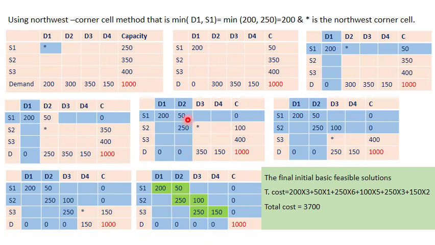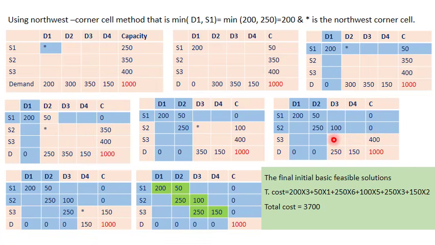The next northwest corner is this one, with corresponding values 350 and 100. We move this 100 to this point, so this cell becomes 0, and we subtract 100 from 350, so the result is 250. We finished the second row, the S2 row, because it becomes 0.